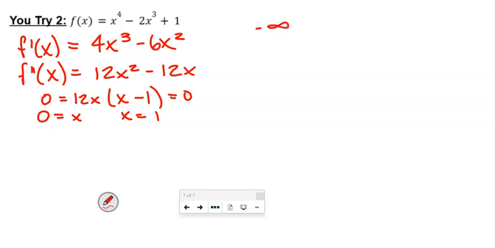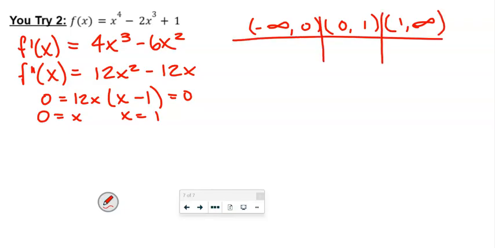So we're going to do negative infinity to 0. And then we're going to go from our 0 to our 1. And then we're going to go from our 1 to our infinity. On this first one, I'm going to do a negative 1 there between negative infinity and 0. I'm going to do a half right there, and then I'm going to do 2 here.